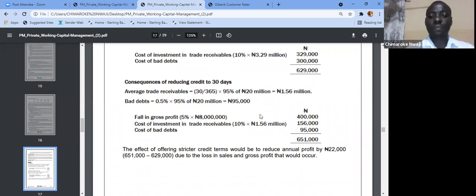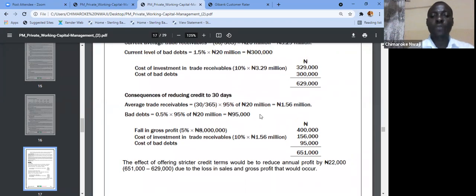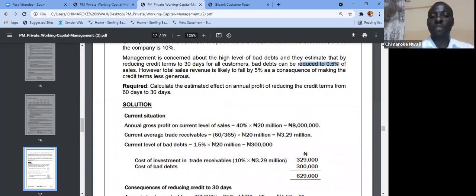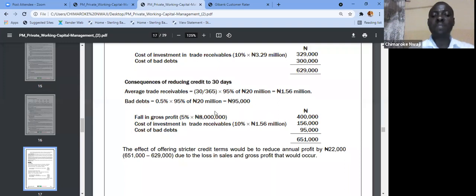Now, bad debts now will be 0.5%. We are told that your bad debt will become reduced to 0.5% of sales. So if your sales is 19 million, which is 95% of 20 million, 0.5% of that will give you 95,000.